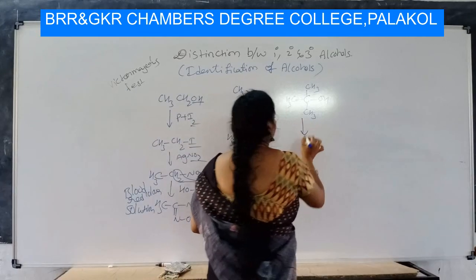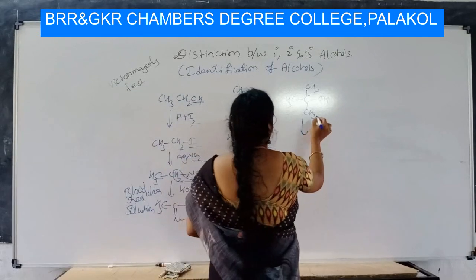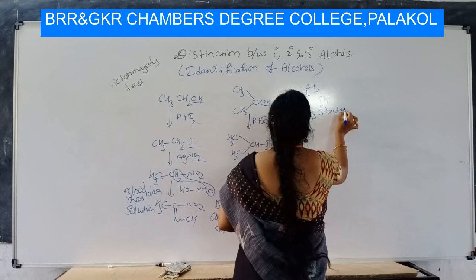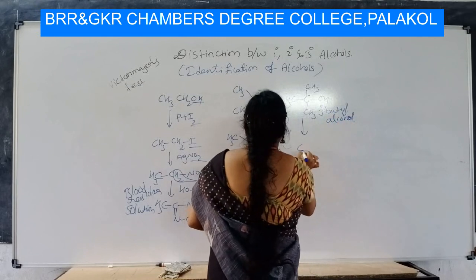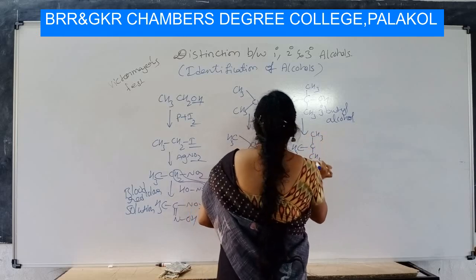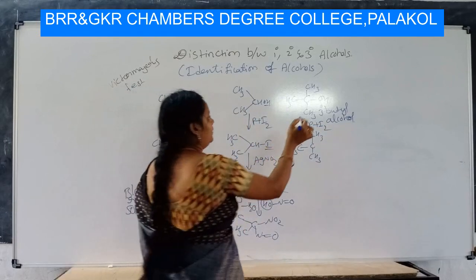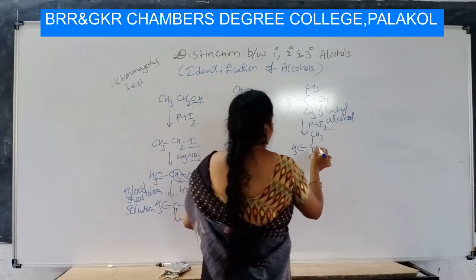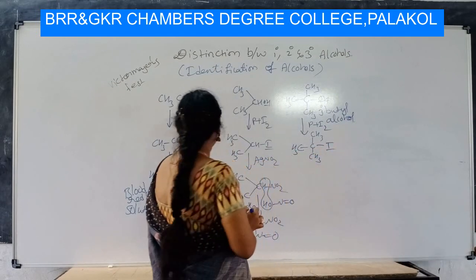Let us do the same Victor-Meyer's test for tertiary alcohols. This is tertiary butyl alcohol, right students? First we have to add phosphorus plus iodine. OH will be replaced by I, so here we will get iodine.